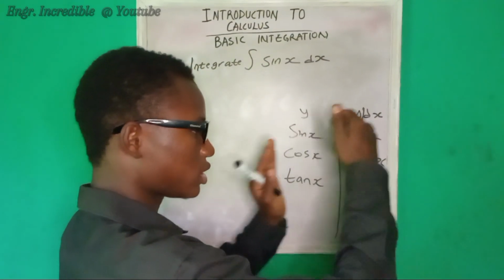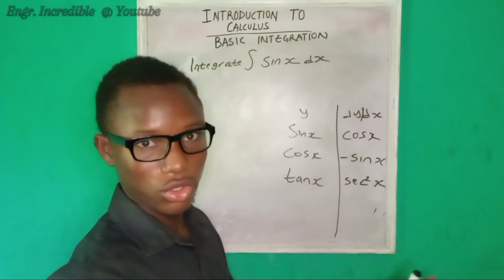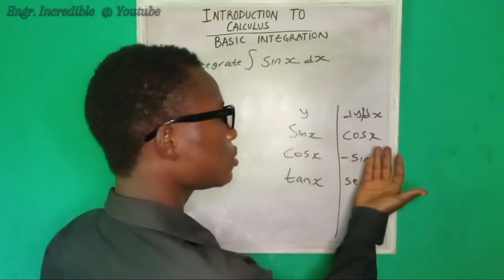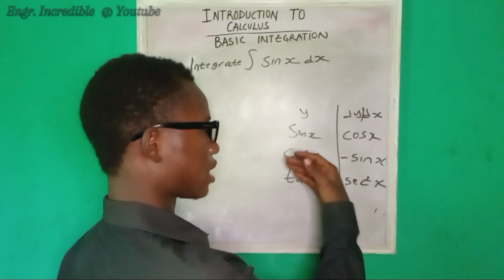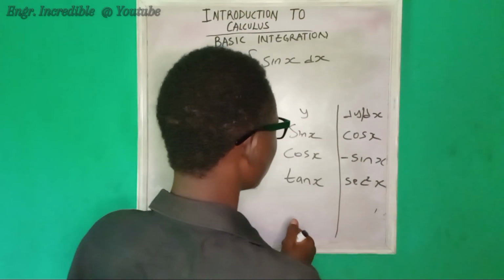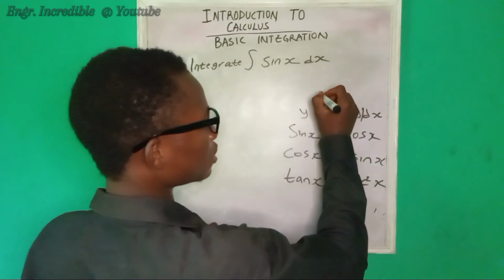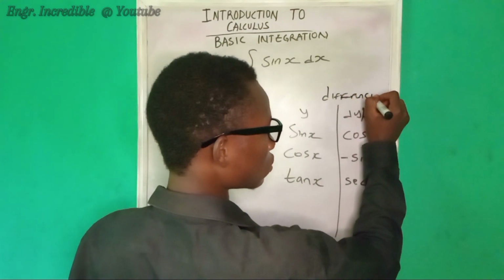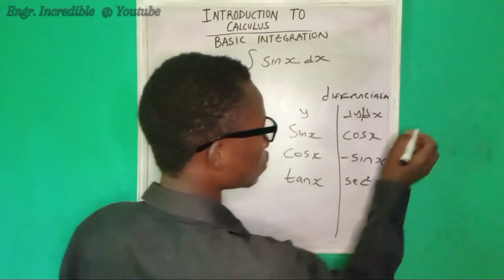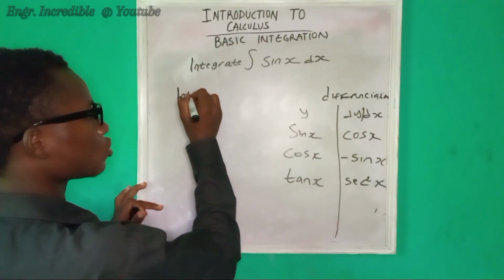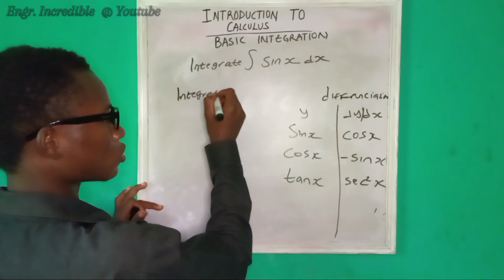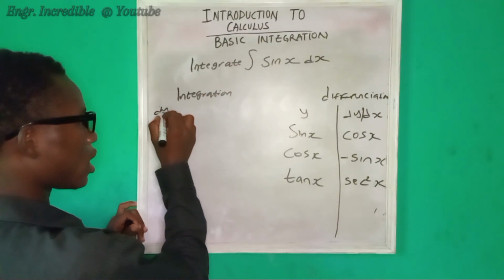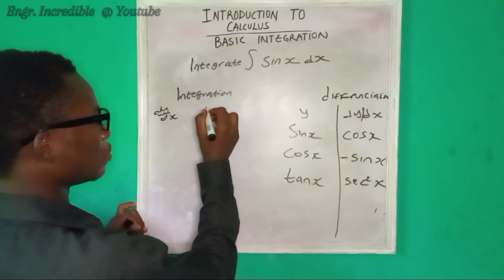Now we have this, then we differentiate it to give us what is at the other part of the table. But if we are going to be integrating, it's going to be the other way round. This is for differentiation, right? Now for integration, we have our dy dx, then we have our y.